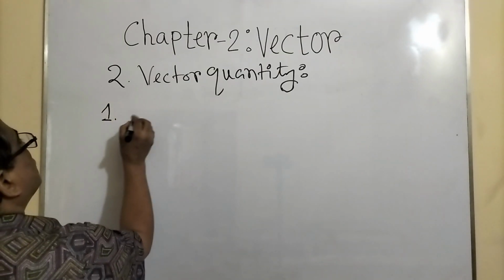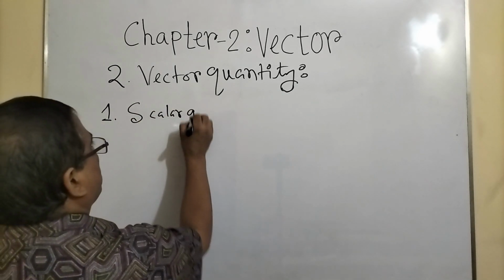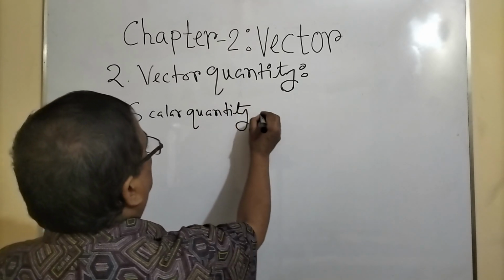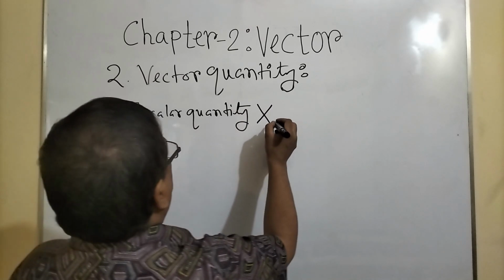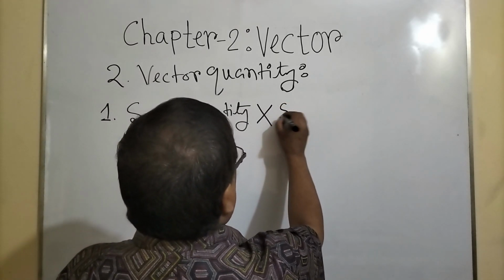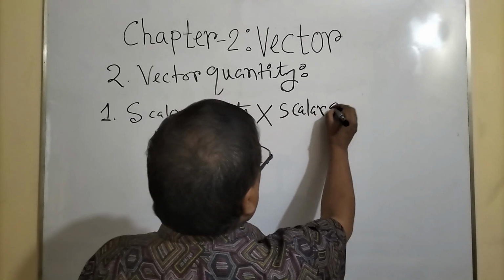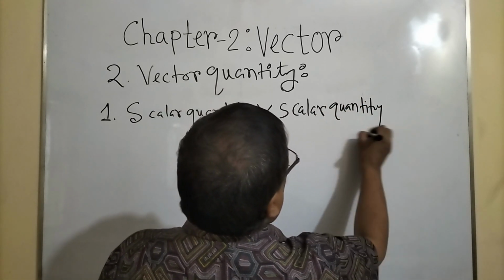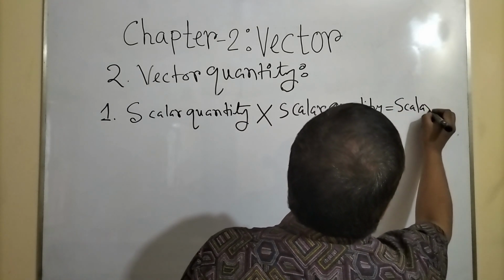Number 1, scalar quantity multiplied by a scalar quantity equal to a scalar quantity.